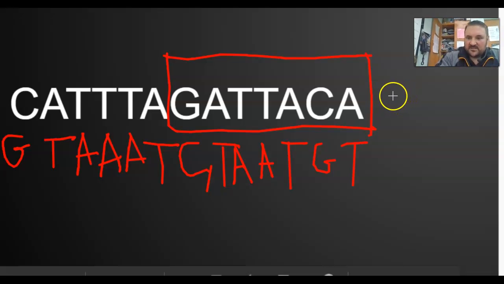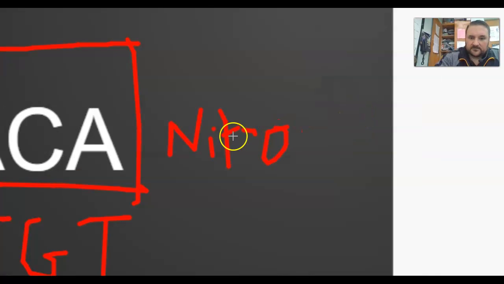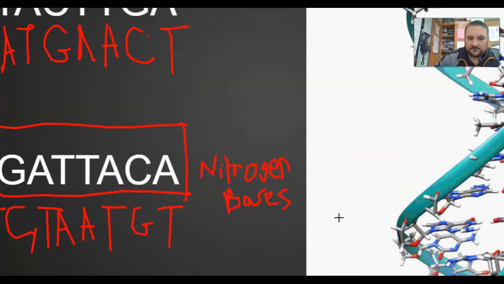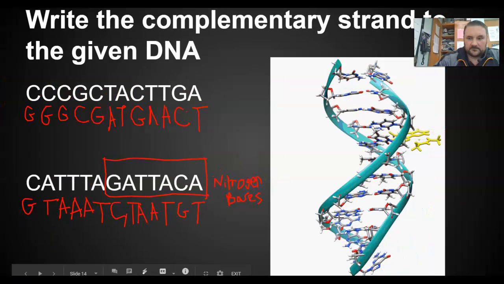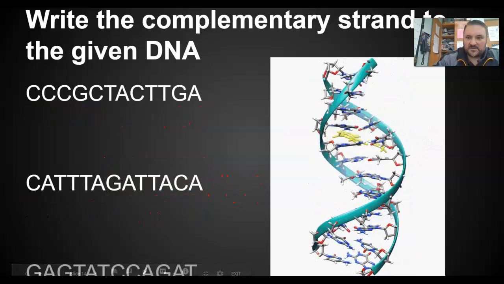And the word Gattaca is actually derived from the nitrogen bases in DNA. This is a picture of Watson and Crick's model of DNA.